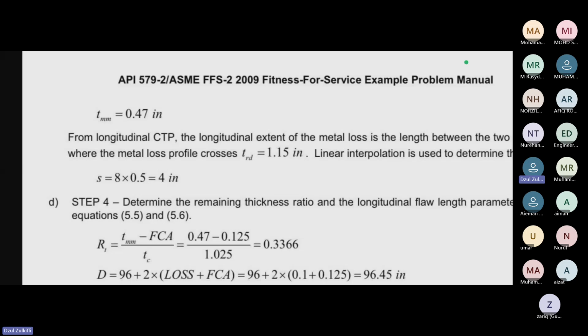Let me know if anyone get the lambda value tadi based on the formula.